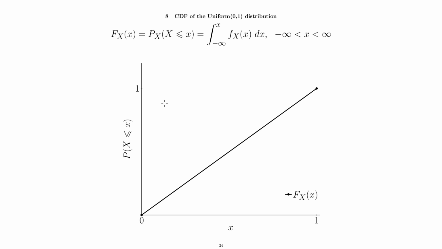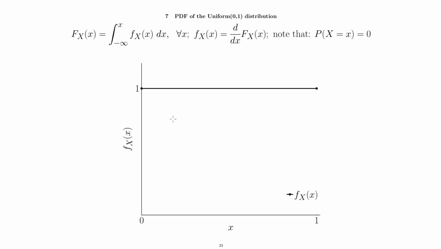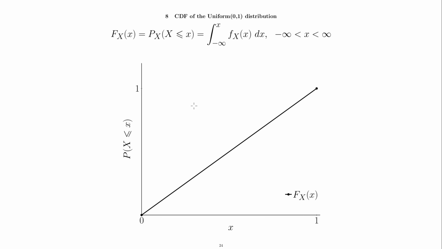For a uniform random variable, that's defined as equal across the entire interval. And comparing these, you'll recall from calculus that when you integrate a constant, you get a straight line.